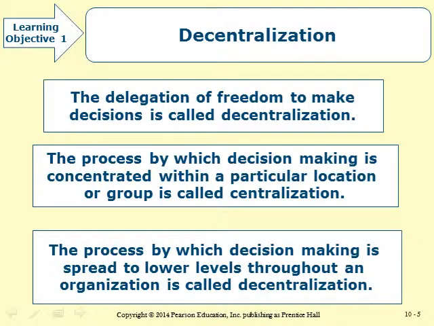Decentralization is the process by which this decision making is spread to lower levels. It's sort of dispersed throughout the organization, and it essentially provides more autonomy with respect to decision making anyway.